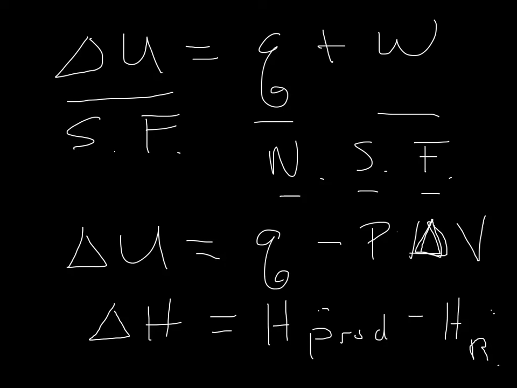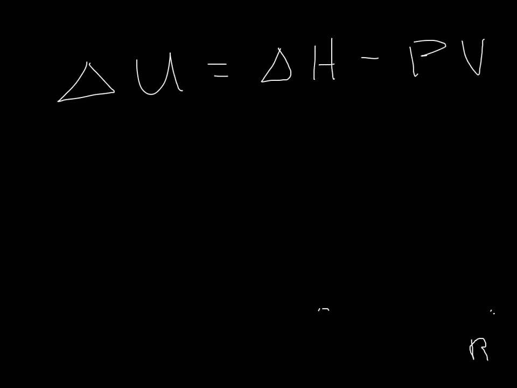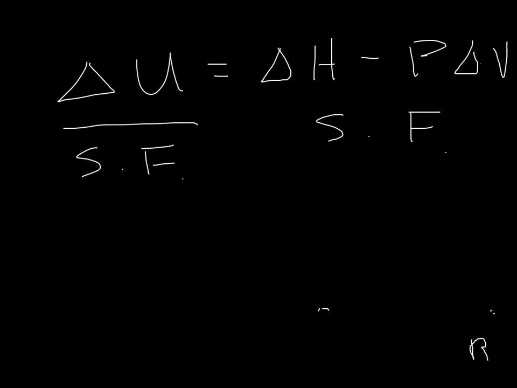Therefore, in the end, my friends, we can now define the first law of thermodynamics as delta U is equal to delta H minus P delta V. And now we have a state function that's determined in terms of two state functions.